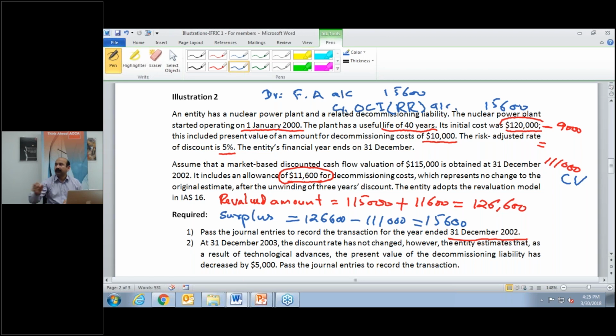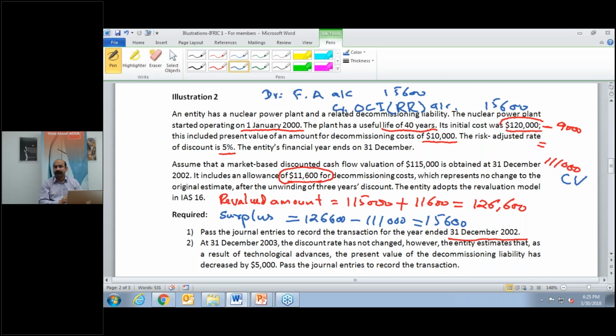See, if we just look at what we have done, we have tried to understand the question, and then we solved requirement number 1. We calculated the depreciation, no need of explanation.